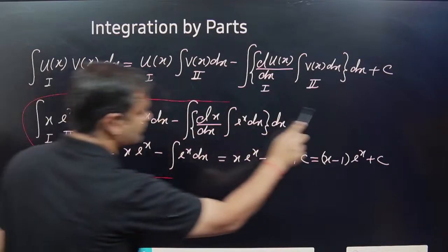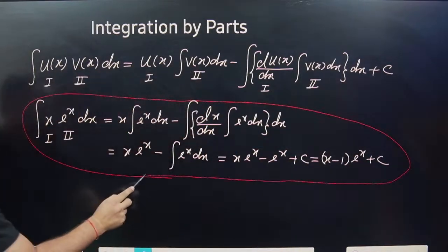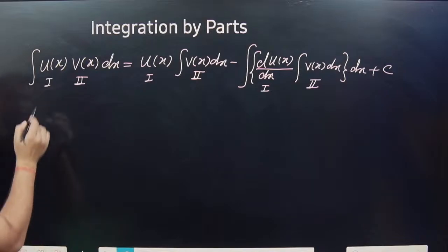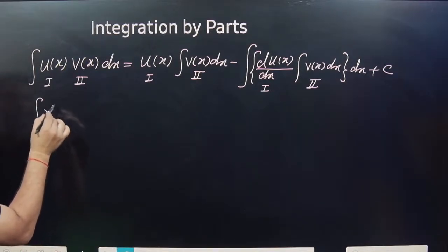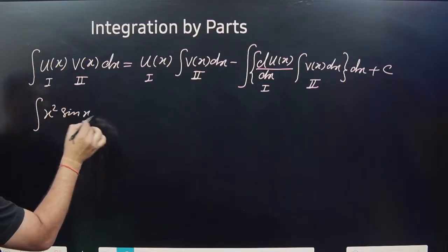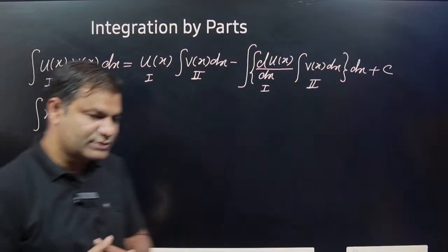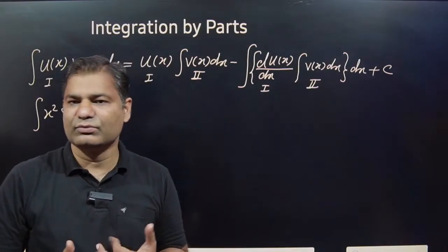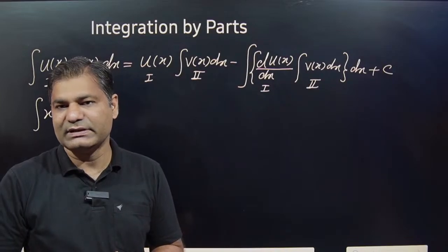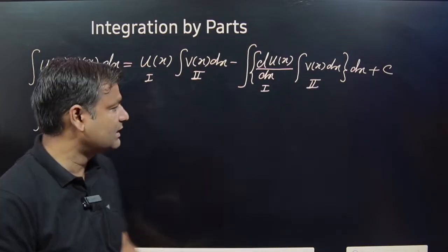Now look here, I will take another problem. Integration of x square into sin x dx. So the question arises, why is x taken as the first function and e to power x as the second?